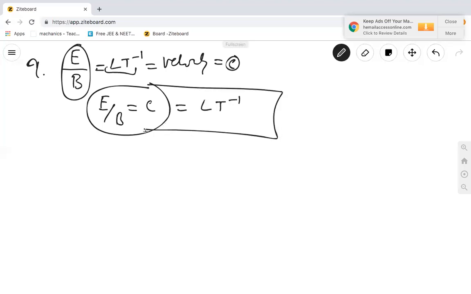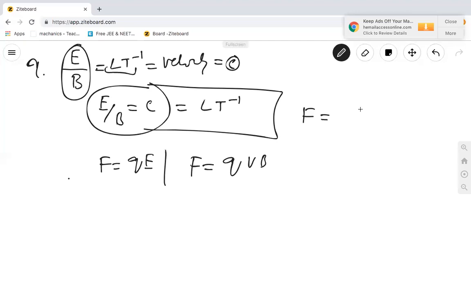But suppose you are not able to recall that E by B is equal to C. So what do you do? Let me do it for you. You know, F is equal to QE, force is equal to charge into electric field, and F is equal to QVB, QV cross B. Dimensions don't recognize cross or dot, just put them as multiply.